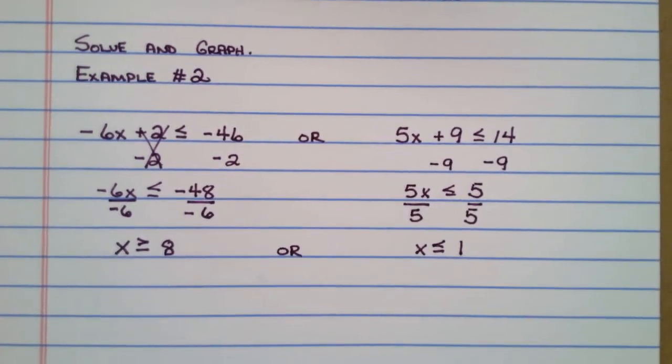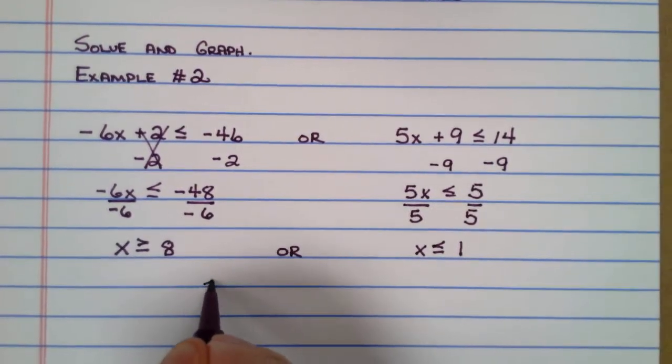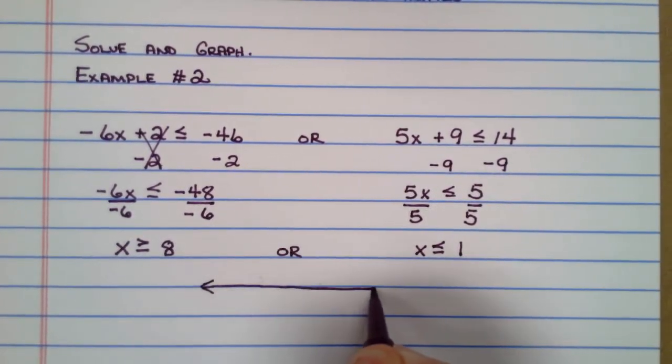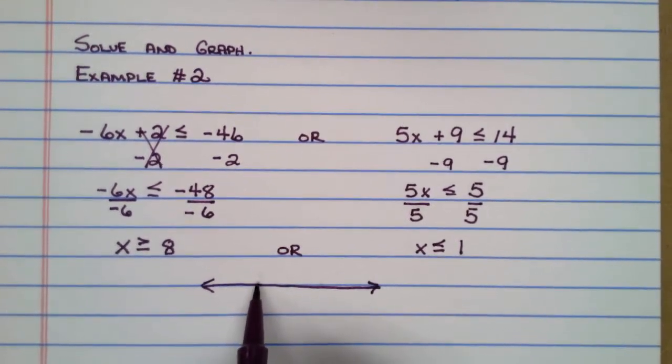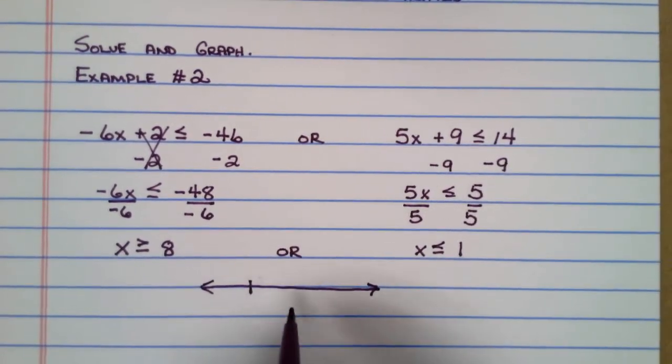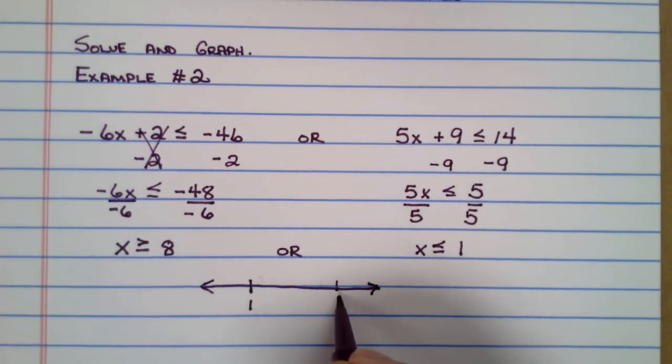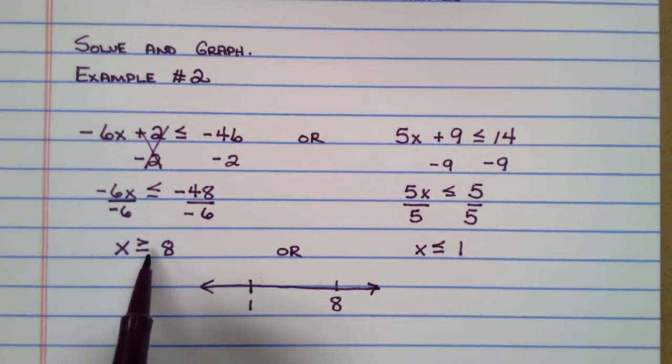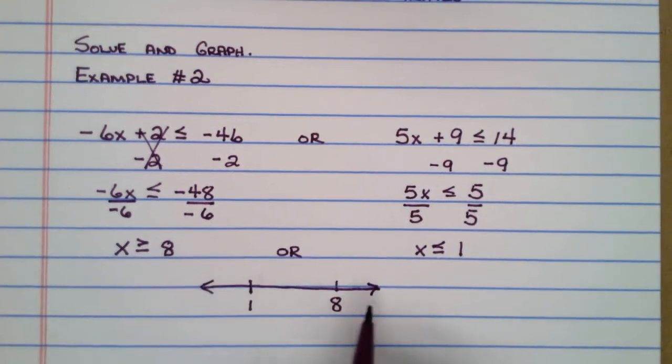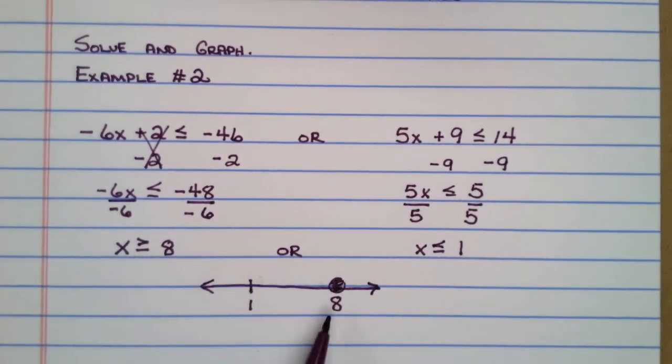Now I need to draw my graph that represents this. Always put the smaller number right over here on this side. The smaller number is 1. Put the larger number over here on this side, 8. I look at my inequality symbols and see whether or not I need to put an open or closed circle. For 8, I need to put a closed circle.